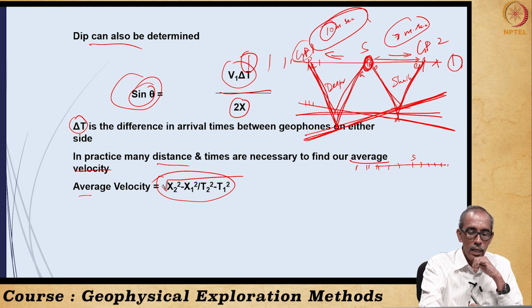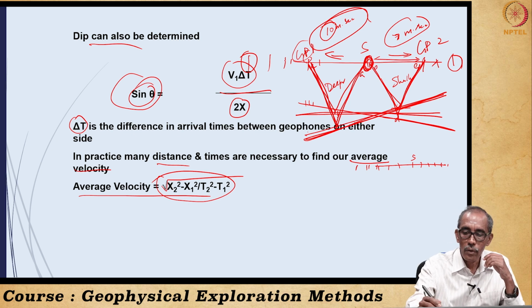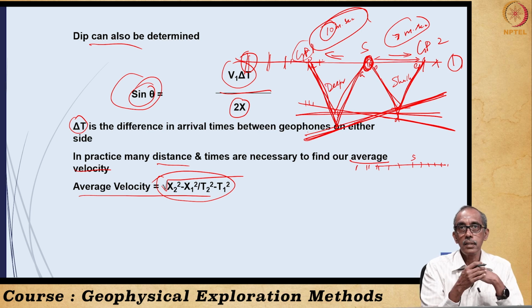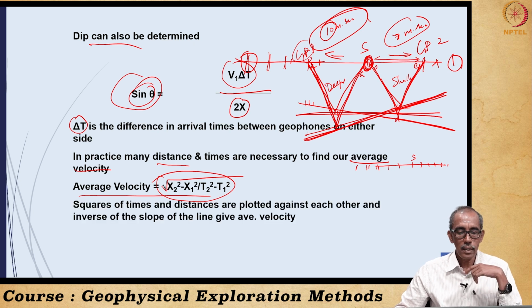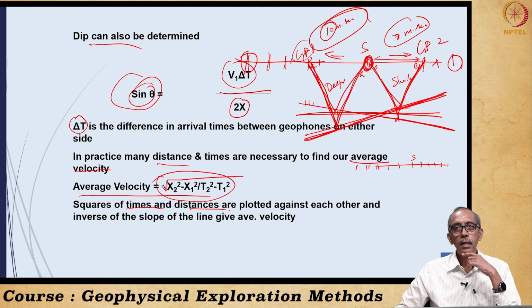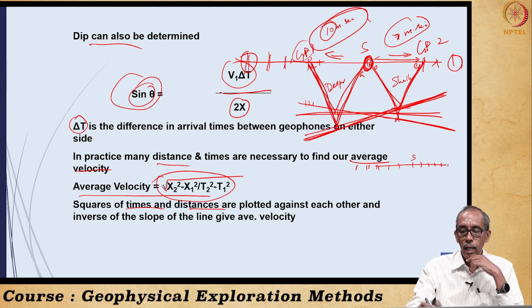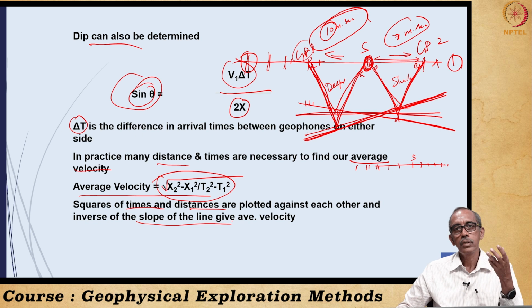Similarly, we can arrive at the average velocity, since we would have placed geophones at different distances, due to which we can determine the average velocity using this relationship. The squares of the times and distances are plotted against each other, and the inverse of the slope of the line gives you the average velocity.